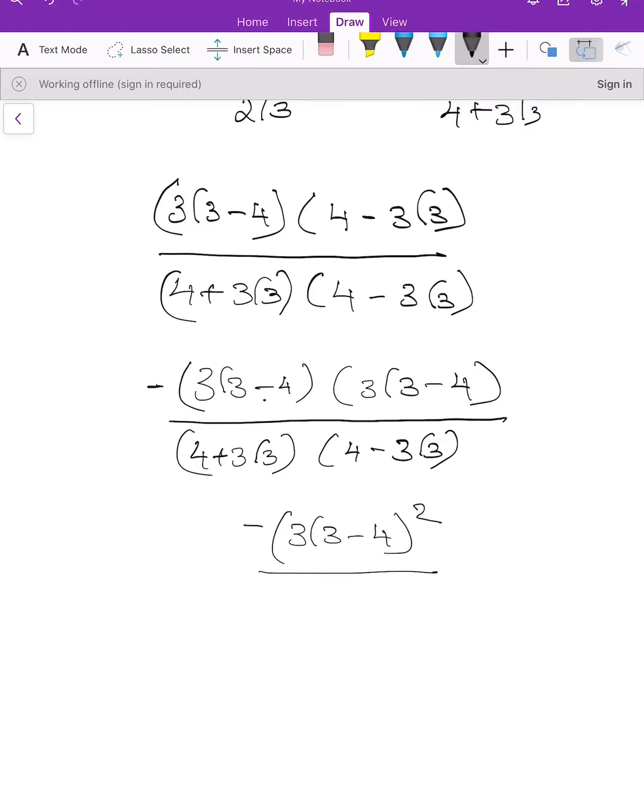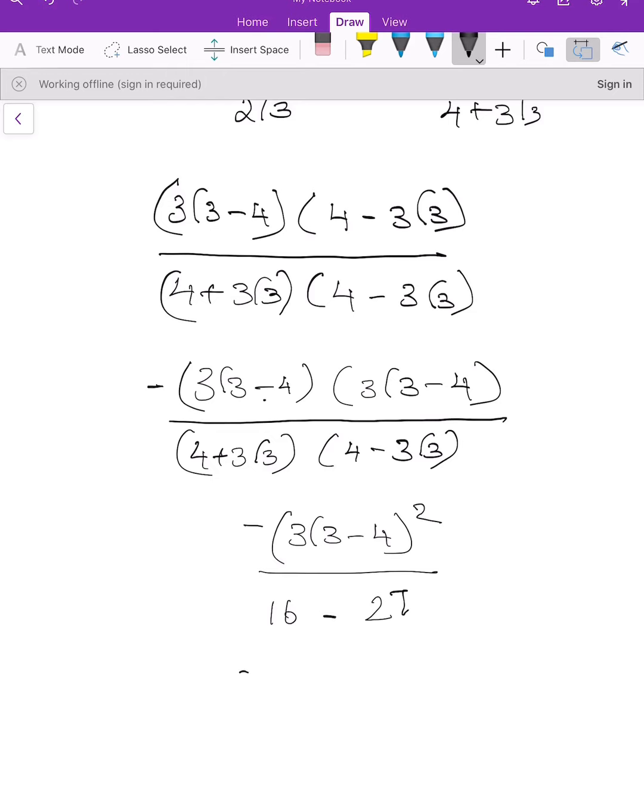Again it will be a square minus b square. 4 square is only 16, minus 3 square is 9, 9 into 3 is 27.